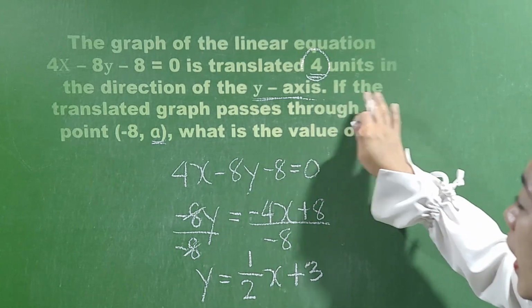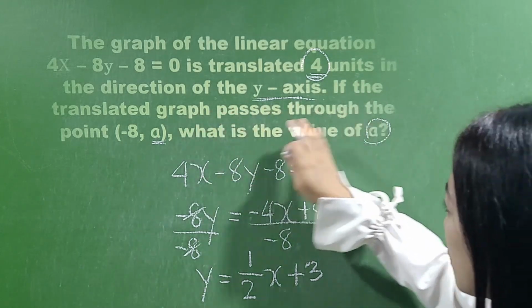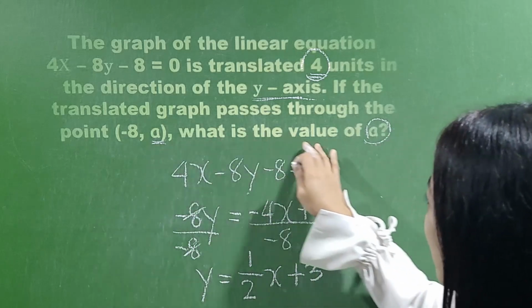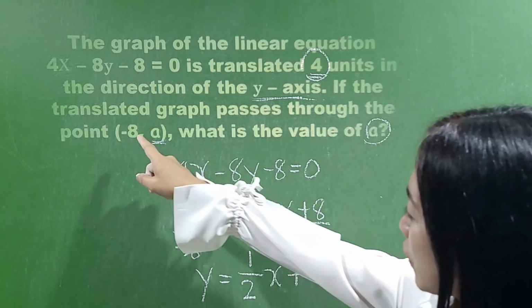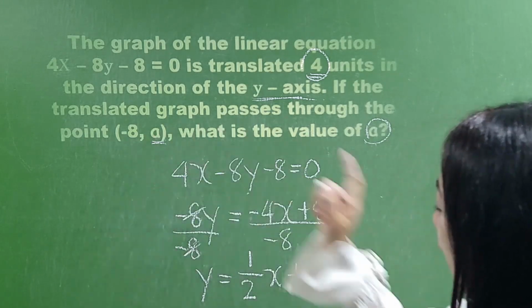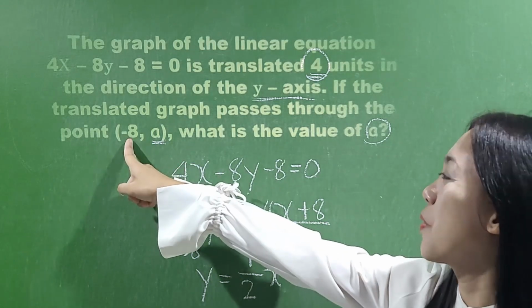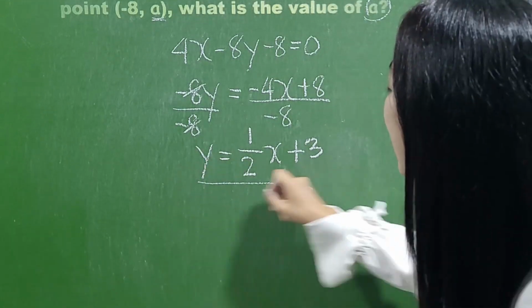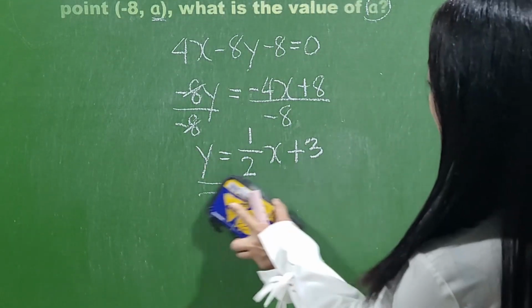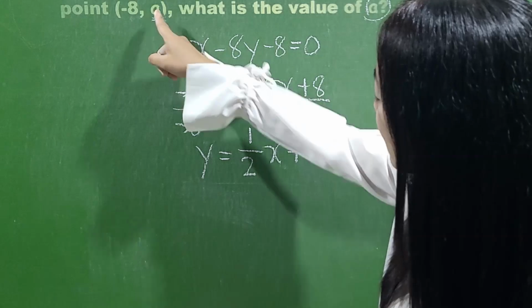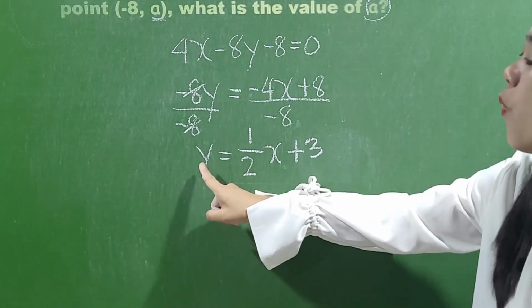Okay, now, if the translated graph passes through the point (-8, a), what is the value of a? To find the value of a, we will be substituting this x-coordinate in this linear equation. Okay, let's do that. a is actually our y here.